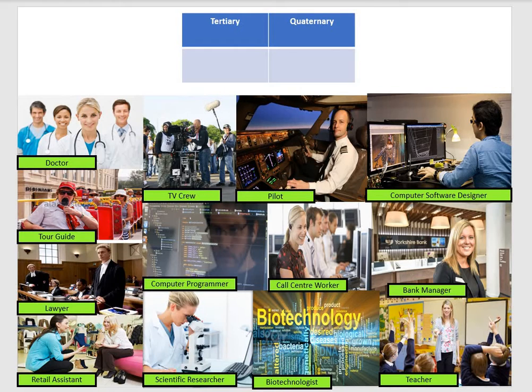So teachers, lawyers, doctors, you've got to have gone through those exams to be able to do those jobs. We've got others that are a bit more low skill, like retail assistant or call centre worker, but still you need to have good people skills to do that kind of work. So it's very different from working in those heavy industries like the steelworks or the coal mines.